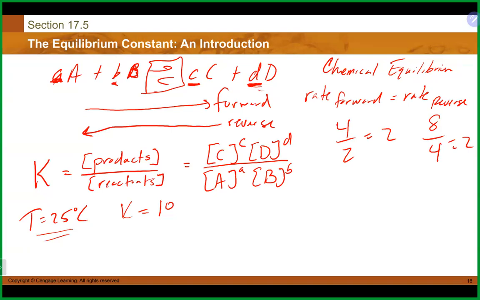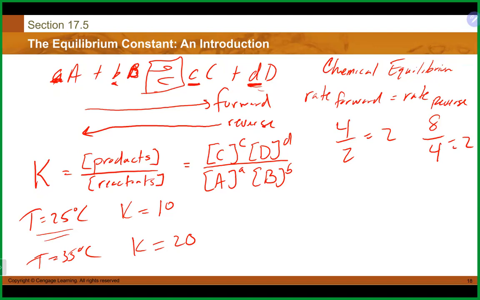Now, if you change the temperature to 35 degrees, you might get an equilibrium constant of, say, 20. If you keep the temperature at 35 degrees and do a bunch of different reactions, you will always get the same equilibrium constant, 20 every time.